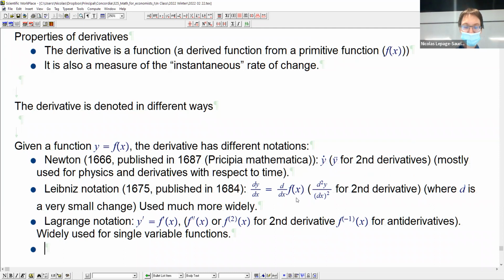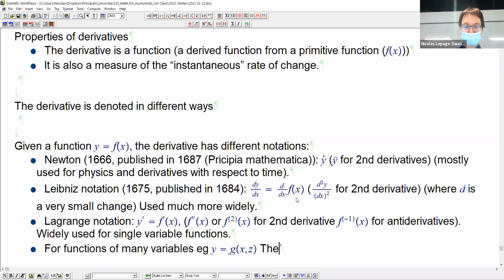So for functions of many variables, for example, y equals f of, let's use something, g of x and z.